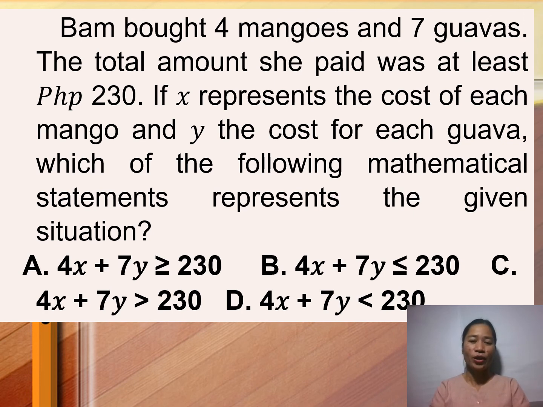So, anong symbol ang kukunin natin or ang sagot dito? From the word at least, okay, we will use greater than or equal. So, the answer is 4x plus 7y is greater than or equal to 230. So, this is an example of a linear inequalities in two variables.